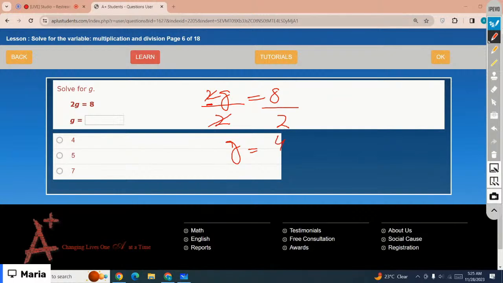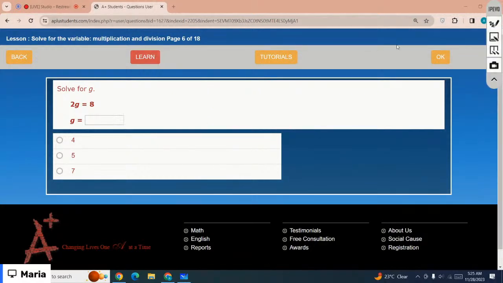So the correct option is 4. g equals 4, right? You need to divide, because opposite to multiplication is division. So divide both sides by 2. The correct option is 4, because 2 times 4 is 8. So the correct option is 4.